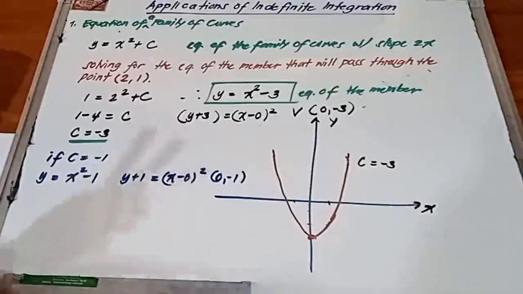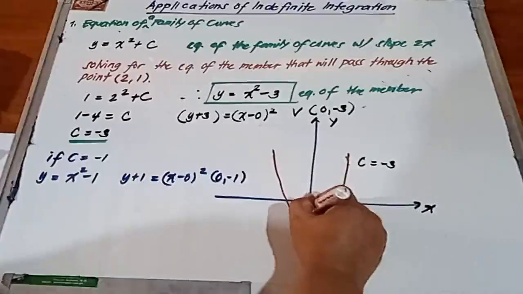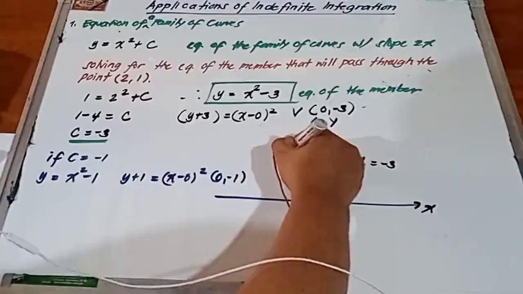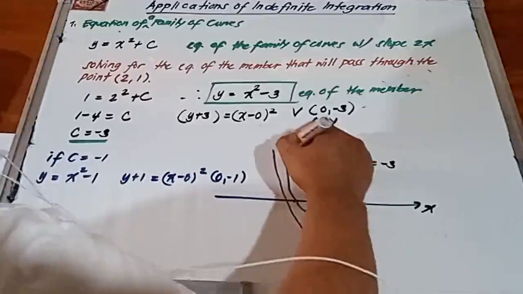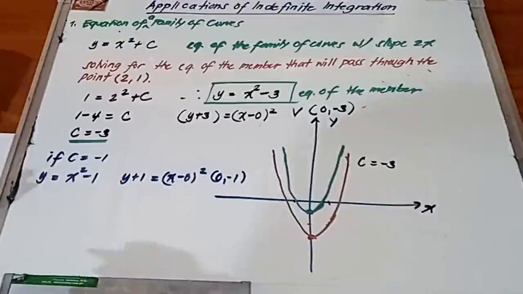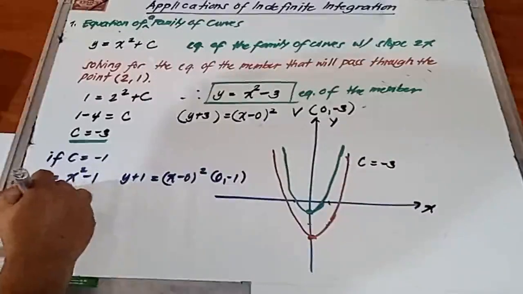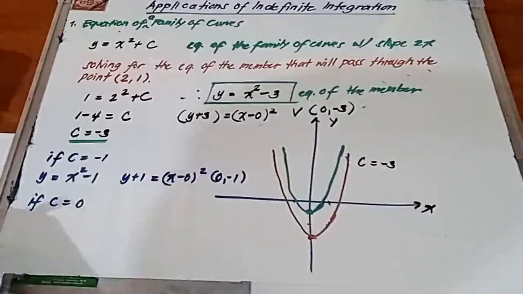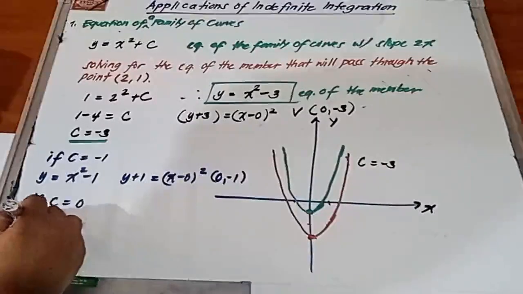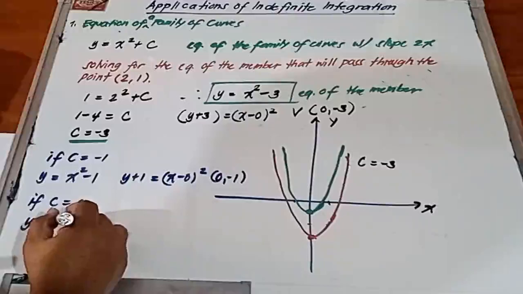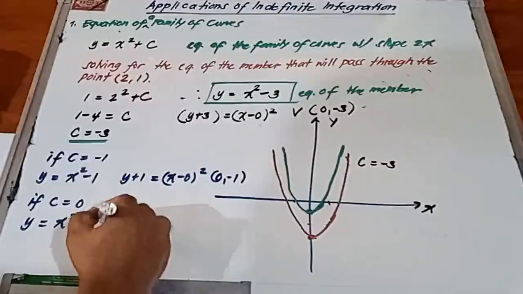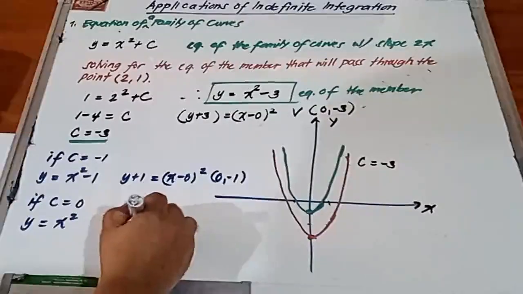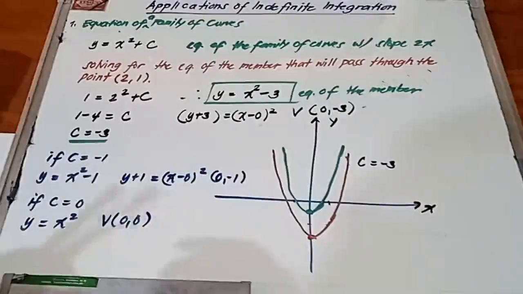So, ganito naman yung graph niya. Okay. How about if c equals 0? So if c equal to 0, the equation is just y equal to x squared. So ibig sabihin yan, ang vertex niya nasa (0, 0), or nasa origin. So ang graph naman niya, papaganito.